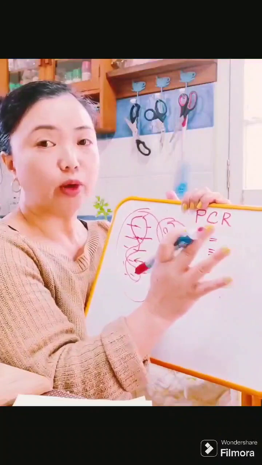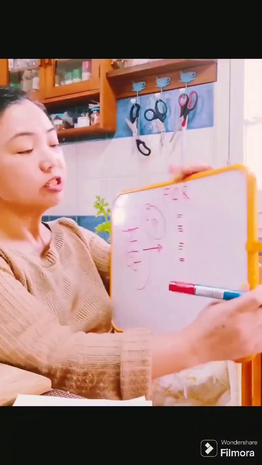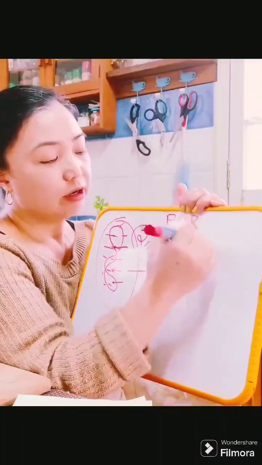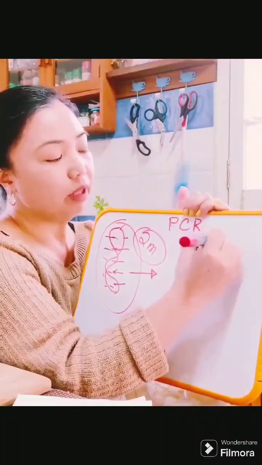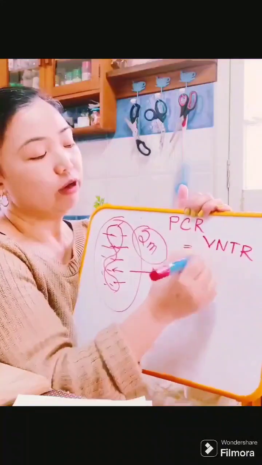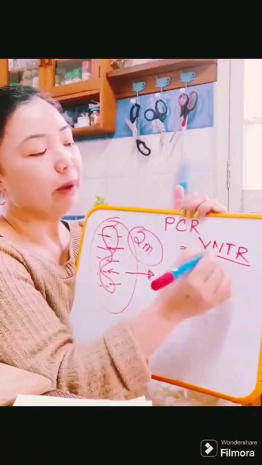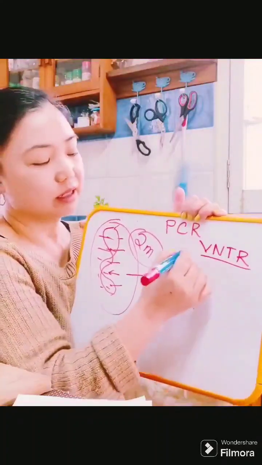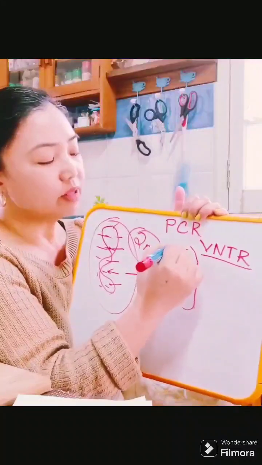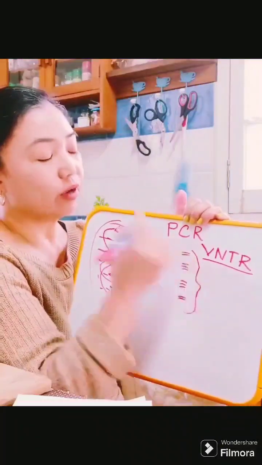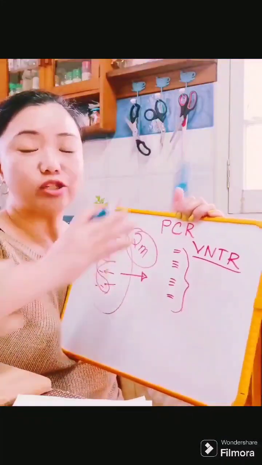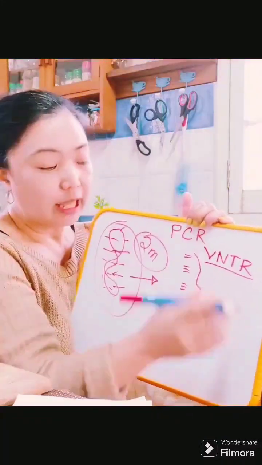Then they are going to compare. So based on the variable number tandem repeats. We call this one variable number tandem repeats. These bonds here, I told you a while ago, are represented by the nucleotides: adenine, thymine, cytosine, guanine, and so on and so forth.